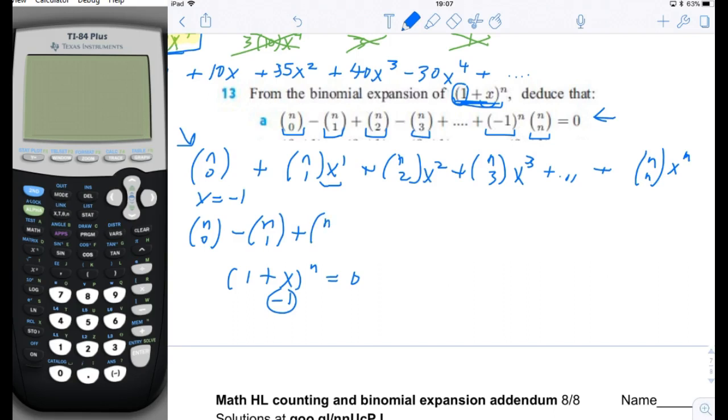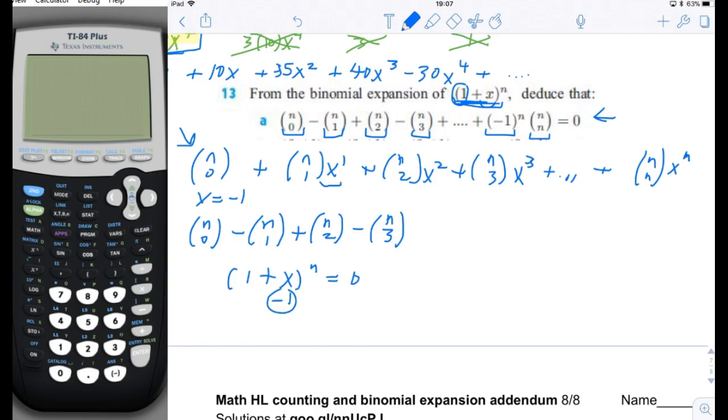The next term is going to be n chooses 2, and then x squared is negative 1 times negative 1, which is positive 1, so the x disappears also, and you're just left with plus here. The next term is going to be minus n chooses 3, and x cubed becomes negative 1 times itself 3 times, which would be a negative 1, so that's why you would get a negative here.